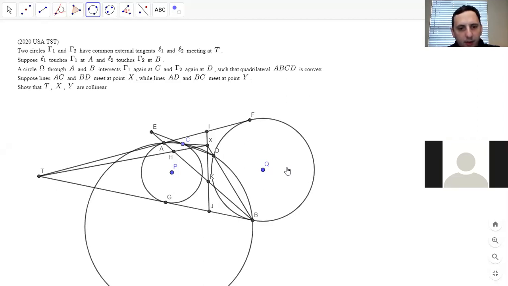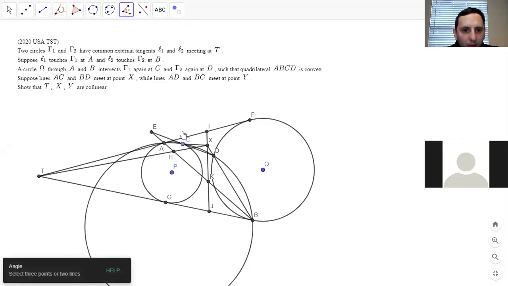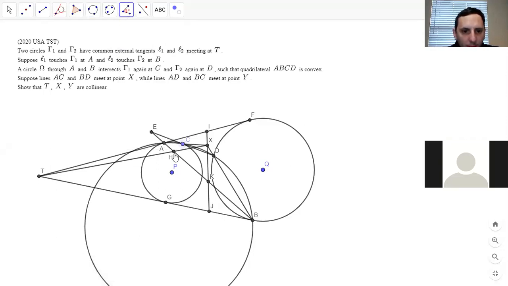So we want to show CHKB is cyclic. Is angle CHK 90? I don't think so, but I'm going to check it. No, it's not 90.